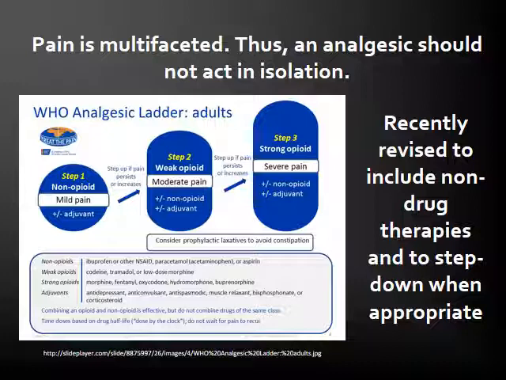The advantages of taking this approach are that the use of an adjuvant analgesic in addition to an opioid will tend to boost the efficacy of the analgesic effect produced by the opioid. It tends to allow you to reduce the opioid dosage that's needed, that is, they're opioid sparing, and it can allow you to target specific kinds of painful conditions other than cancer pain that may not be as amenable to analgesic relief with an opioid as acute pain may be.